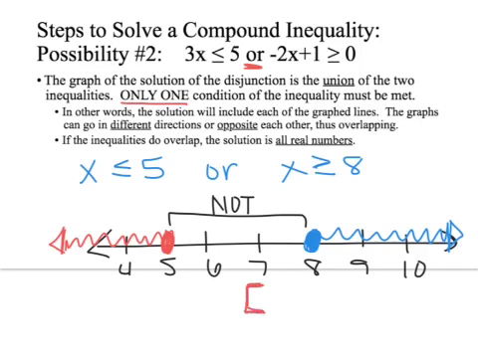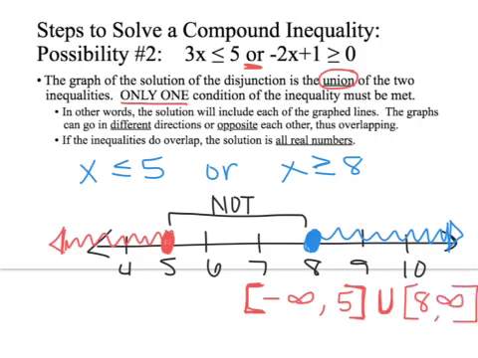So all the numbers from negative infinity to 5, close bracket, would be an answer, and so I'd use a U for union, like we used up here, and all the numbers from 8 to infinity would be my other set of answers. So forever and ever and ever, including 5 and including 8.